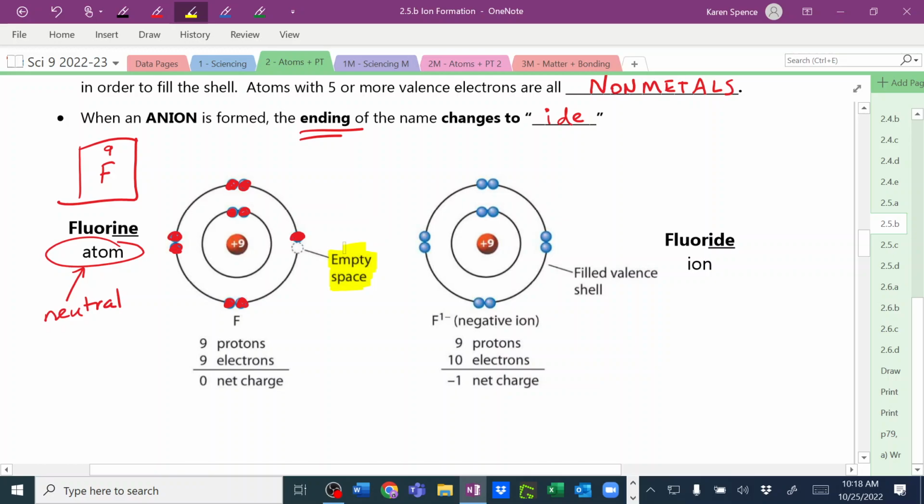The outer shell would like to have 8 electrons. So 1, 2, 3, 4, 5, 6, 7 in the outer shell. The other 2 are on the inner shell. Okay? The outer shell wants to be full.